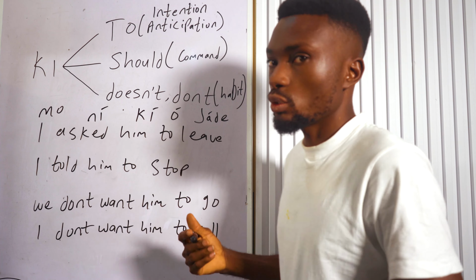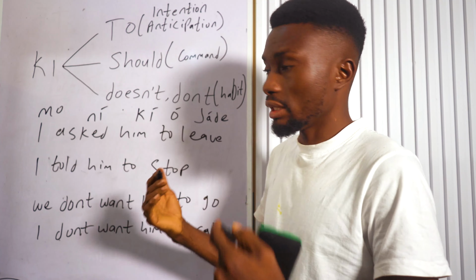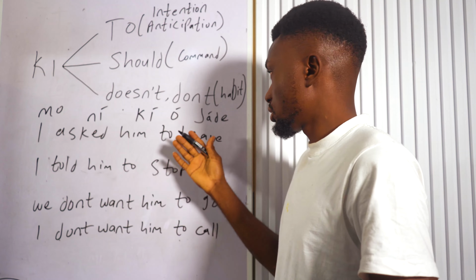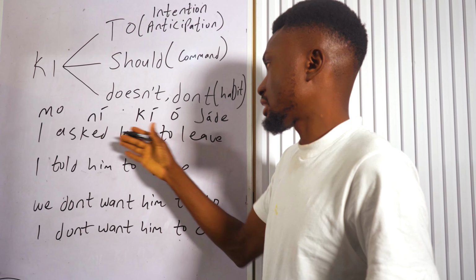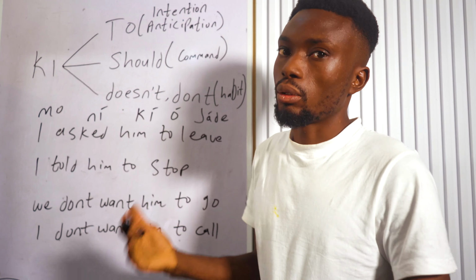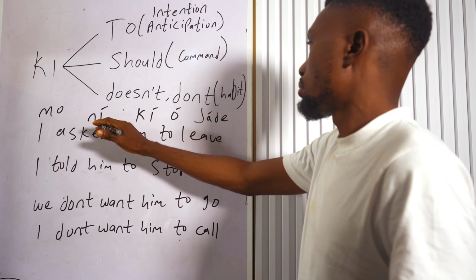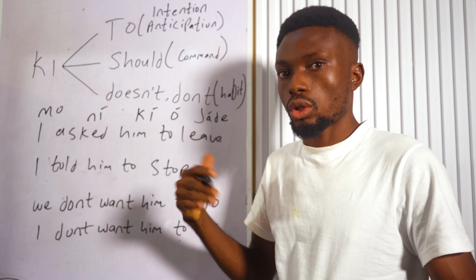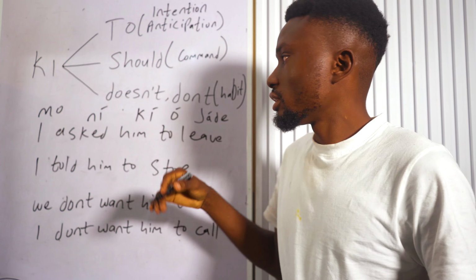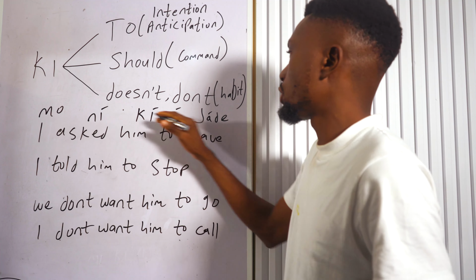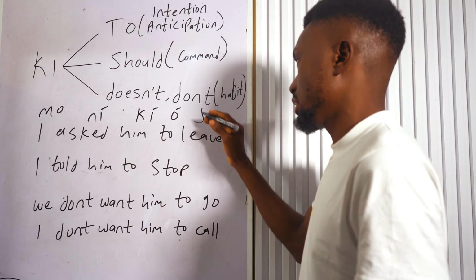So mo ní kí ó máa lọ, if it's not in a negative sense like get out, you can say I asked him to leave. But if you don't want him around, that is mo ní kí ó jáde.